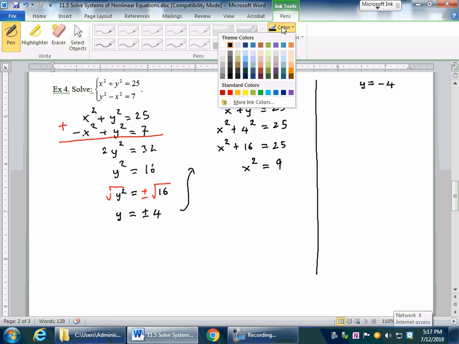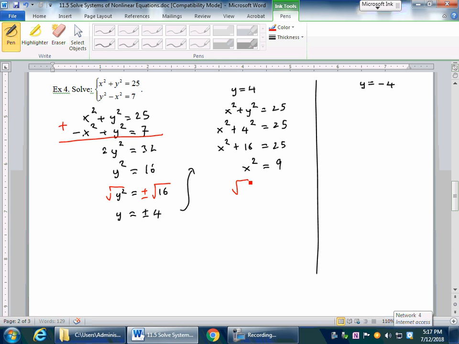Taking the square root on both sides, don't forget plus or minus. So x squared is equal to 9, therefore x is equal to plus or minus 3. This tells me I have two solutions for y equal to 4. One of them is x is 3, y is 4, and the second one is x is negative 3, y is 4.